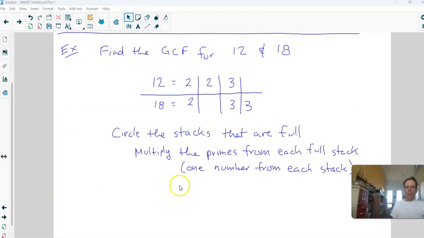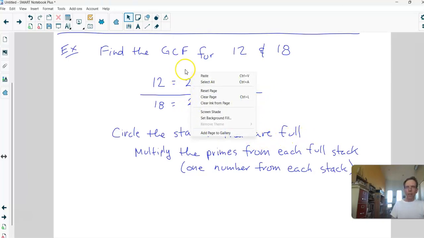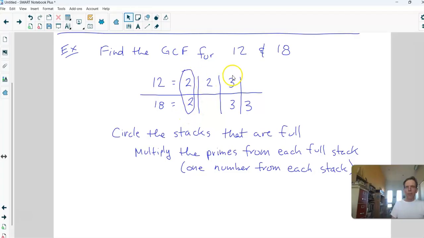So what are the rules for finding the GCF from the table? Well, you circle the stacks that are full. Let's do that. Which stacks are full? This stack is full, and this stack is full for 12 and 18. Then you multiply the primes from each full stack, using one number from each stack or circle.